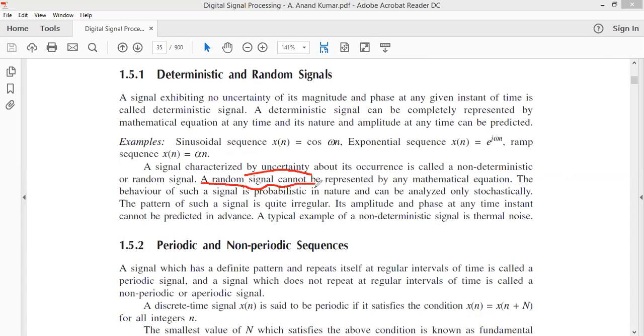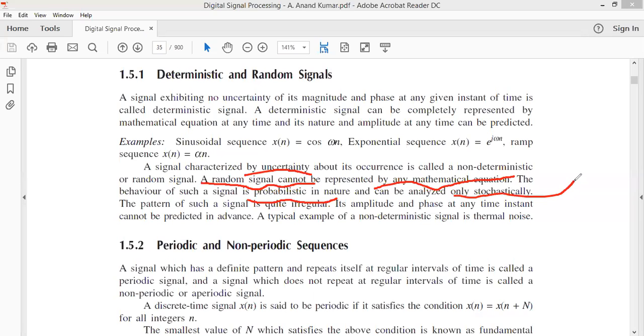Random signals do not have any mathematical equation, so you cannot predict the value of the signal. The behavior of these signals is probabilistic in nature, and they can be analyzed using stochastic processing.